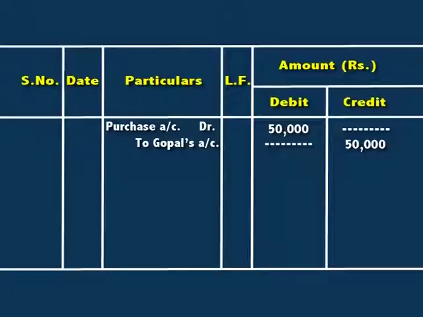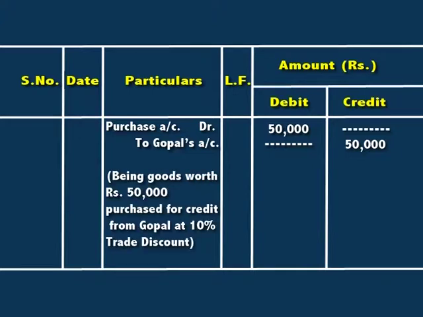No cash discount is to be recorded as of now, and it is a simple credit purchase of rupees 50,000. The journal entry for the same will be purchase account debited 50,000 rupees to Gopal's account 50,000 rupees. So, we have recorded the credit purchase of goods worth rupees 50,000.